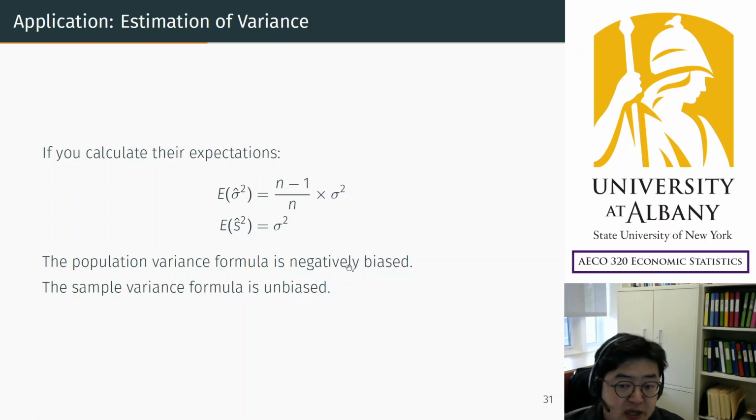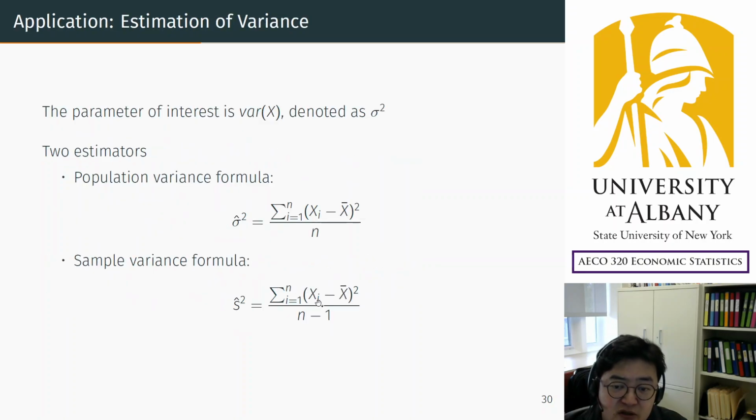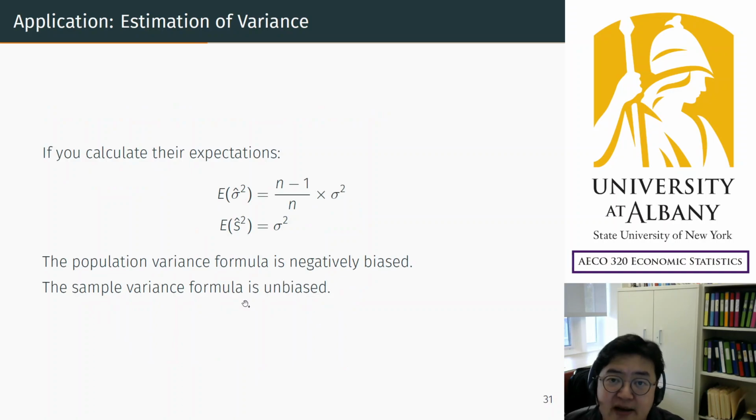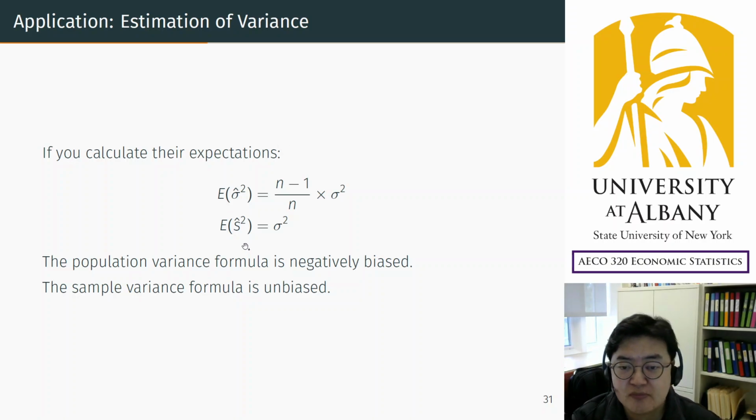So it is biased. It's negatively biased, it underestimates. But to adjust that, you have to cancel out this term. So by changing the denominator to n minus 1, now you have an unbiased estimator for the true variance. This is the reason why the sample variance formula is used.